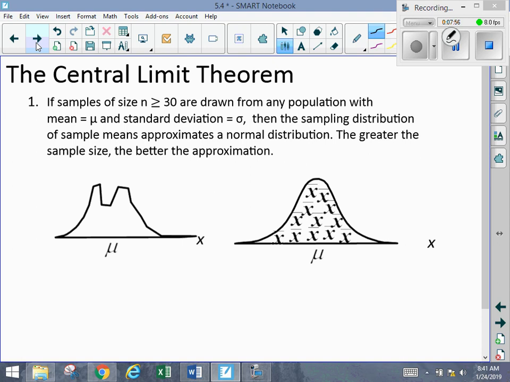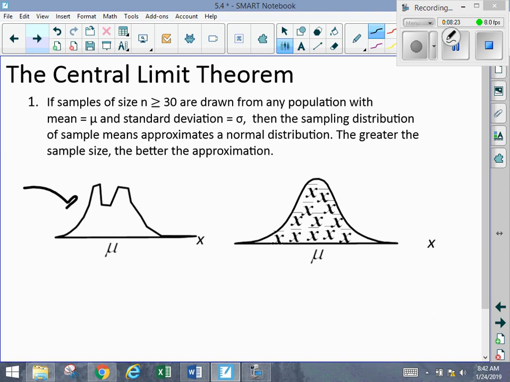So this population here, if I had a graph of it, it does not look like a normal distribution. But if from this nasty looking population, I take repeated samples that have a sample size greater than or equal to 30, and I look at the distribution of those sample means, it turns out that that distribution is going to be normal.